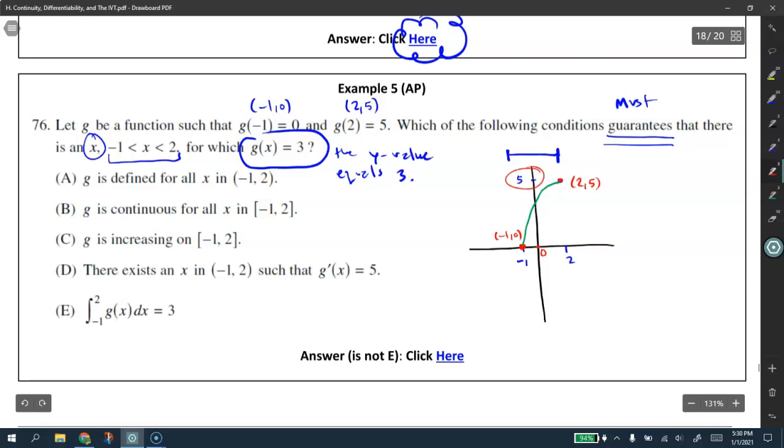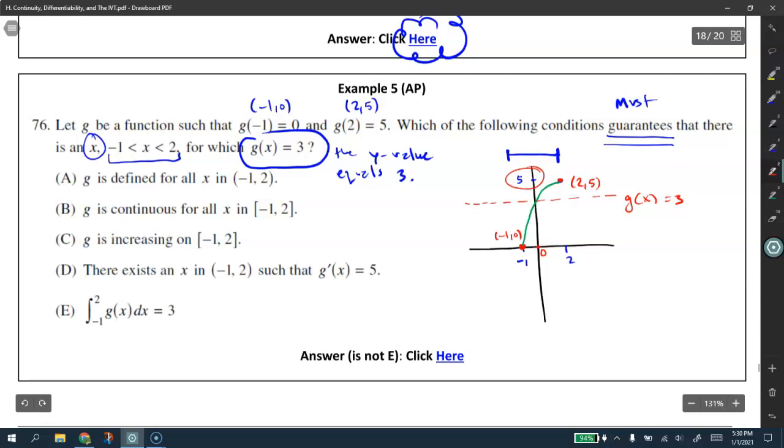Now just logically think about it. If you traveled from 0 to 5, what could you say as a guarantee to make sure that g of x is equal to 3? Meaning there is some y value that does equal 3. So letter A says g is defined for all x from -1 to 2.